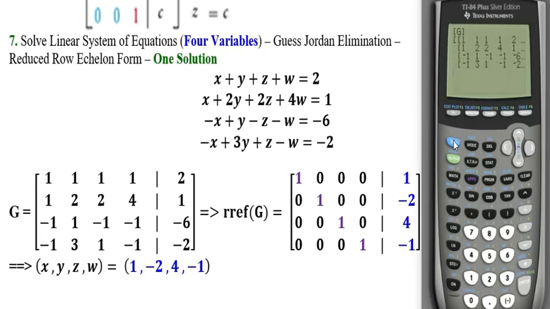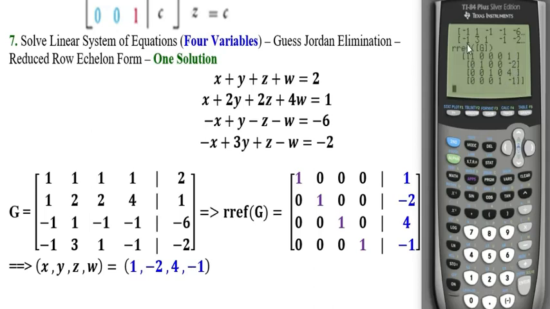And we do second matrix, math, go all the way down, rref, second matrix, called G, close it, hit enter, and here is 1, 1, 1, 1 in the diagonal, 0 above the diagonal, 0 below the diagonal, augmented with 1, minus 2, 4, minus 1.